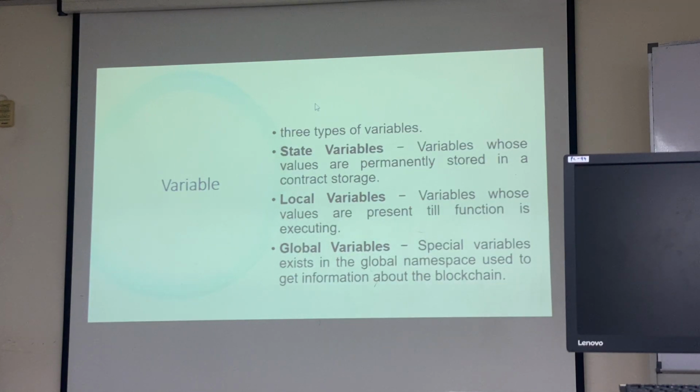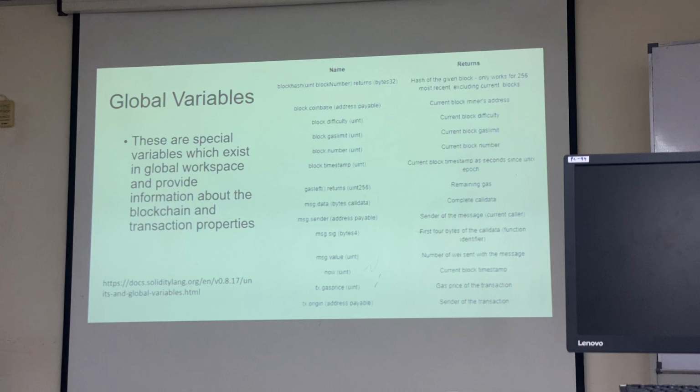So last week I also covered global variables. I said that a global variable is a special variable that exists in the global namespace, used to get information about the blockchain. We will learn more about global variables. Previously you had this msg.sender.